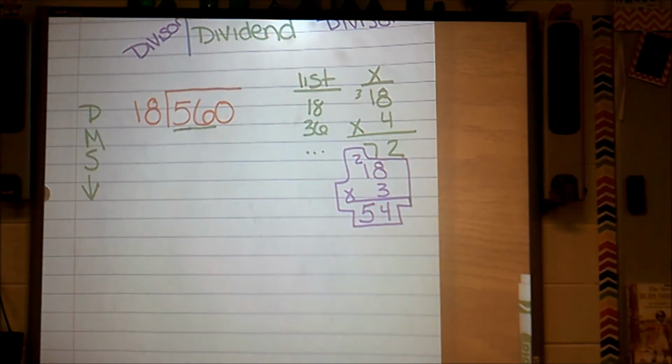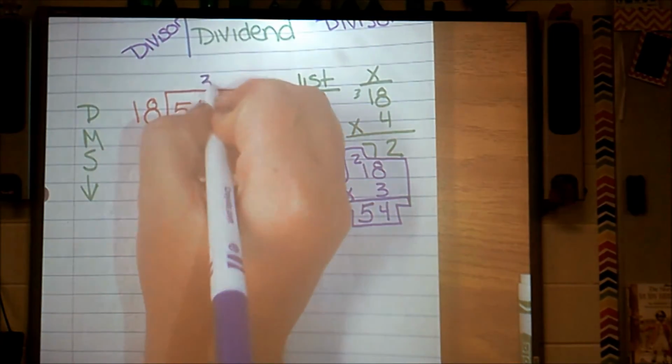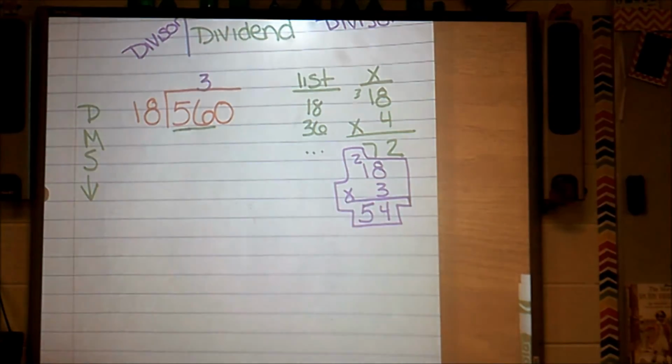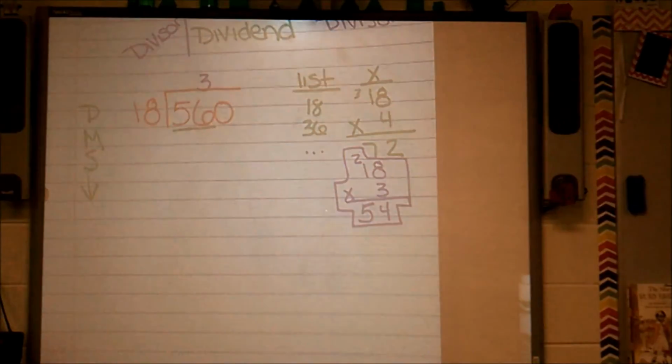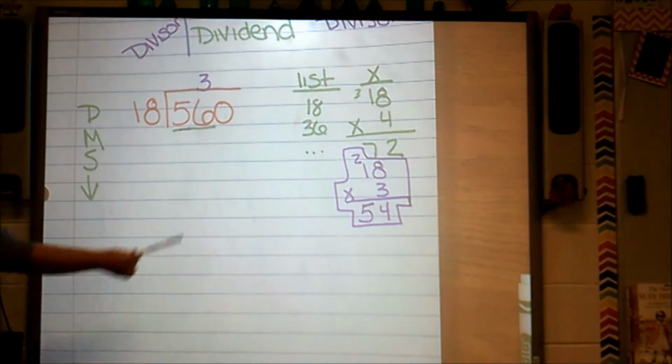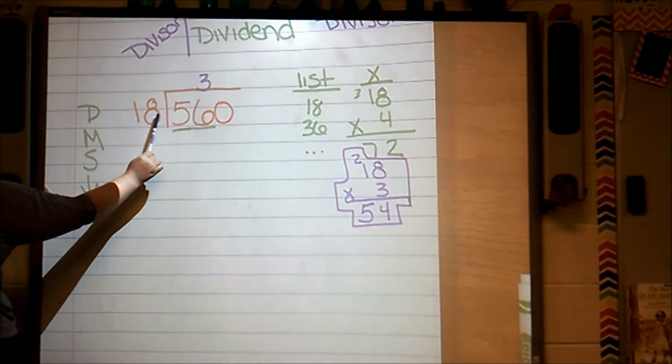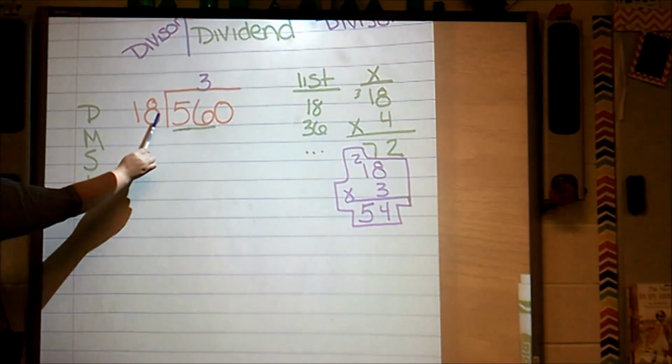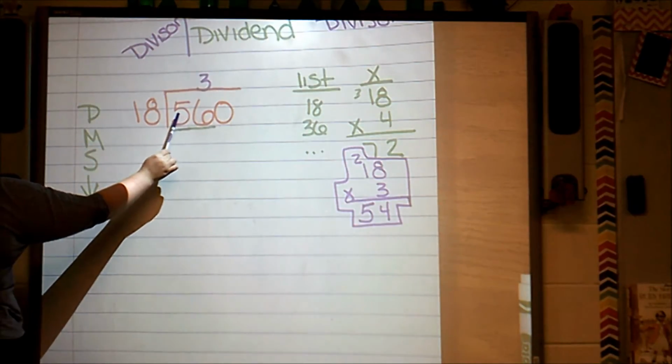So 18 can fit inside my 56 3 times without going over. So it goes right on top of my 6. Notice it does not go on top of my 5. It goes on top of my 6 because I divided 18 into 56, not into the 5.